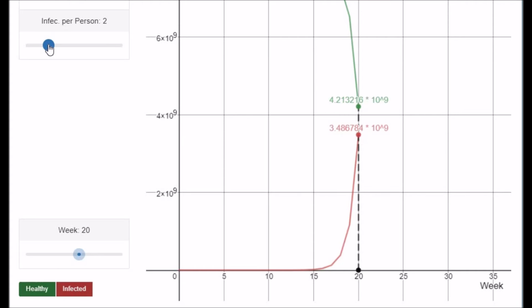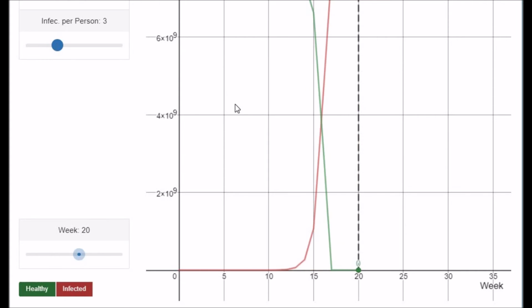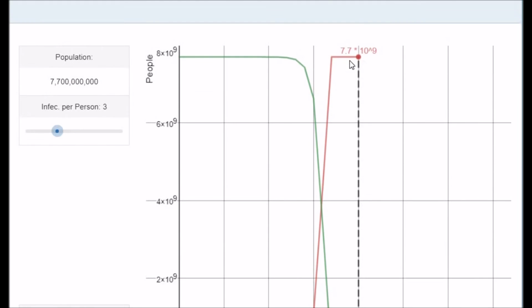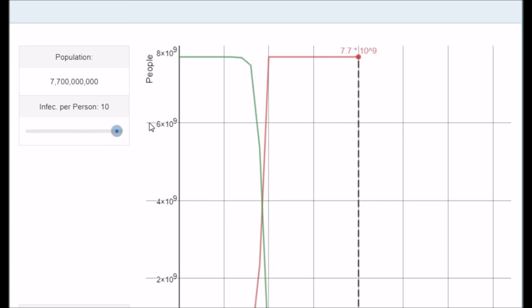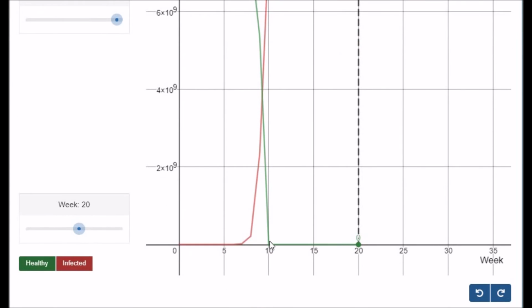However, if the infection per person is 3, it shows how quickly the virus would spread to almost all the people. So this shows how the infection spreads more quickly if the R0 value is very high. If the R0 value is, let's say, 10, the disease would spread to the entire world in just 10 weeks.